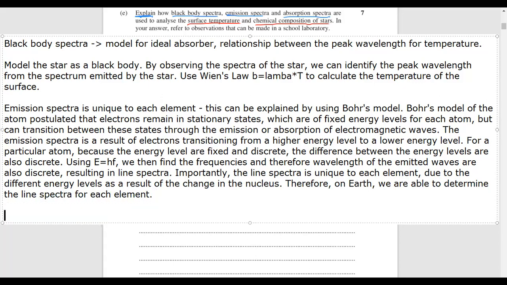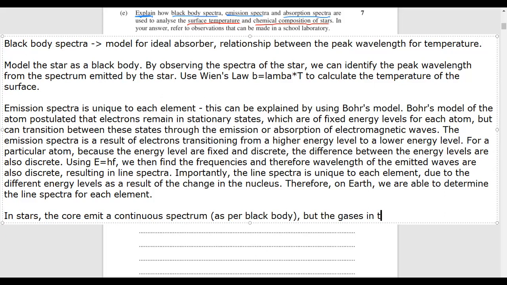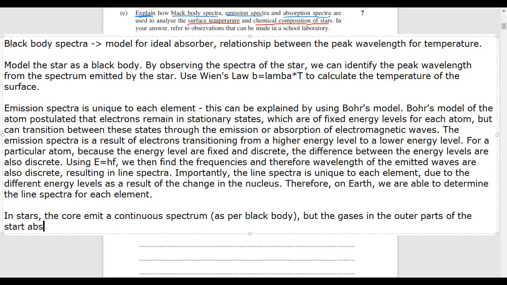Now, in stars, the core emits a continuous spectrum as per the blackbody assumption. So it gives a continuous spectrum, but the gases in the outer parts of the star absorb some of the spectra according to their chemical composition.